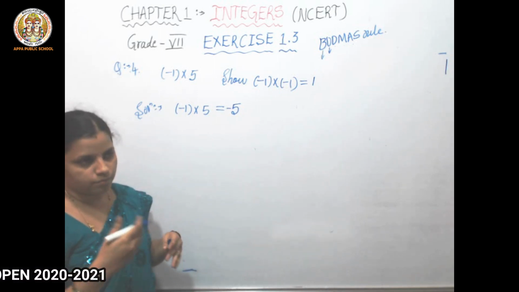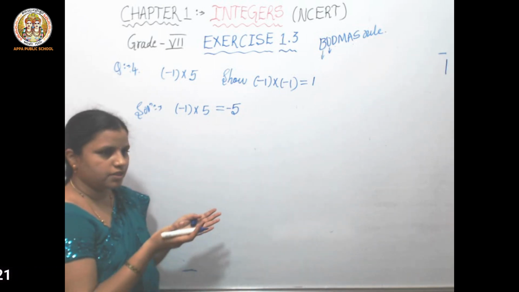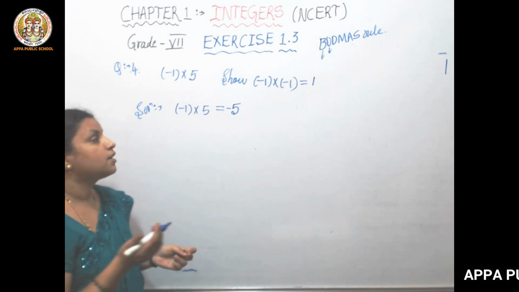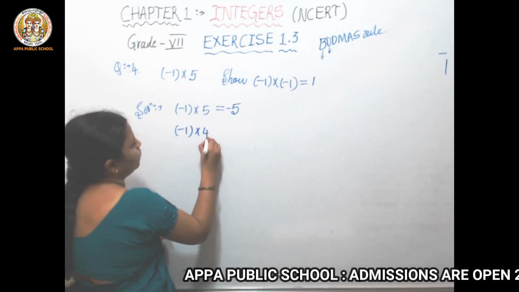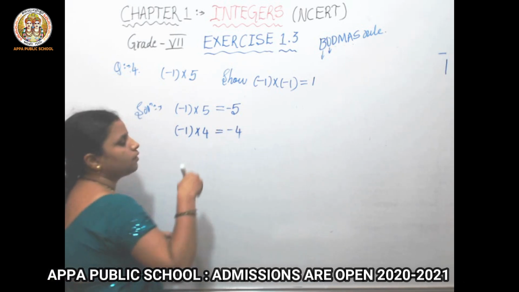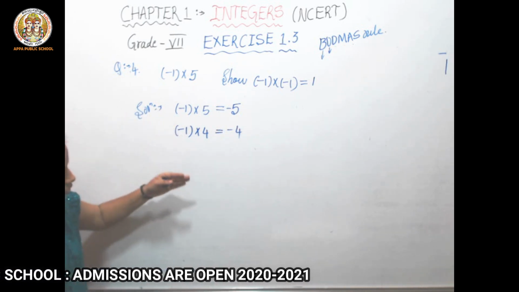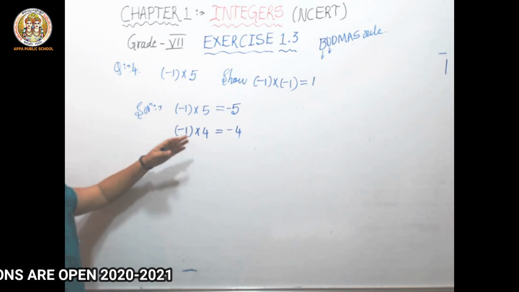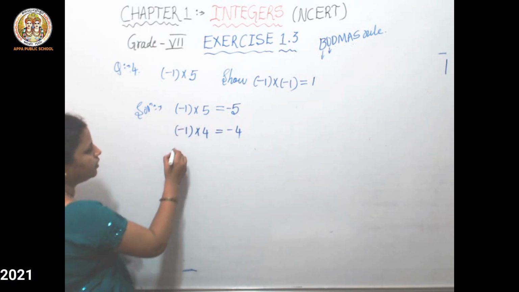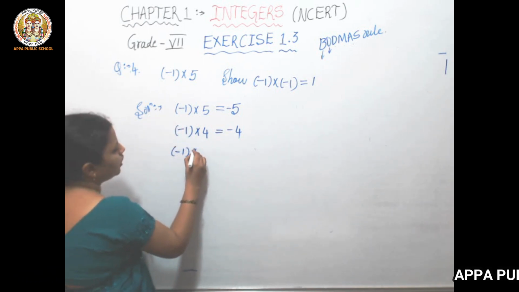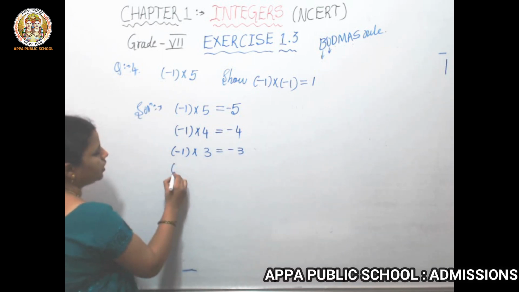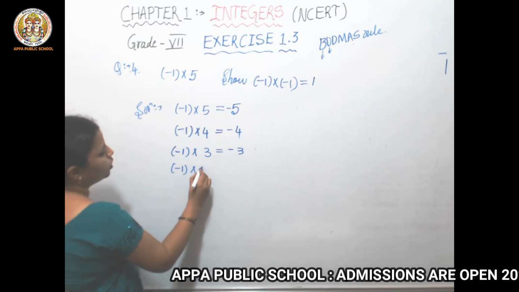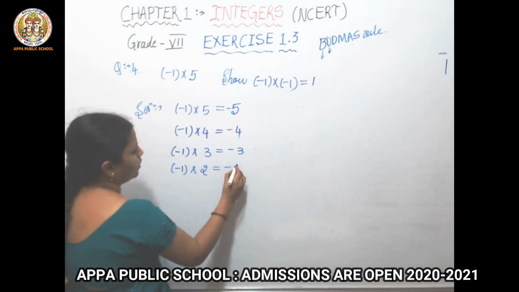After 5, the number before it, because it is decreasing, is 4. So you should take here minus 1 into 4 as minus 4. You have to follow the same pattern. It is minus 1 into 3 as minus 3. The next one, minus 1 into 2 as minus 2.